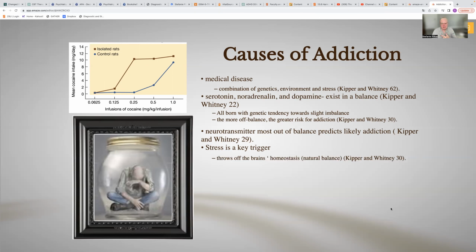For dopamine, you would see a family history of either ADHD or bipolar disorder, could also even be some schizophrenia type issues, because that's a dysregulation of dopamine as well. Or you would see a family history of stimulant abuse, right? Cocaine, methamphetamine, things like that.